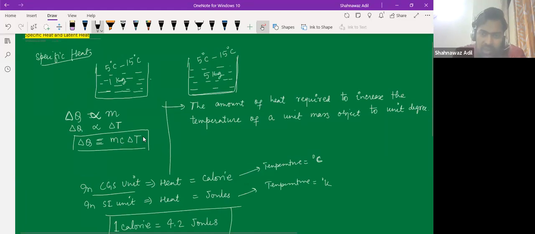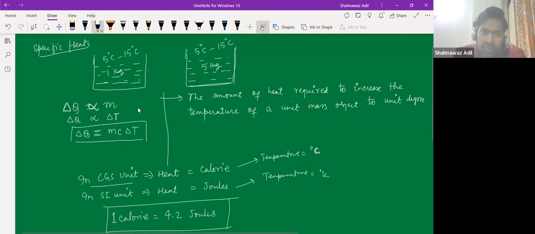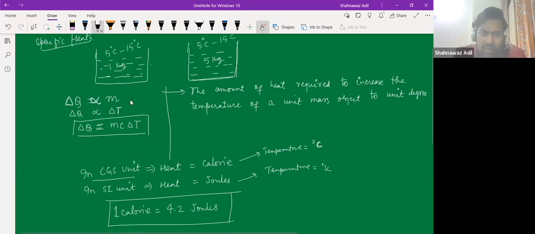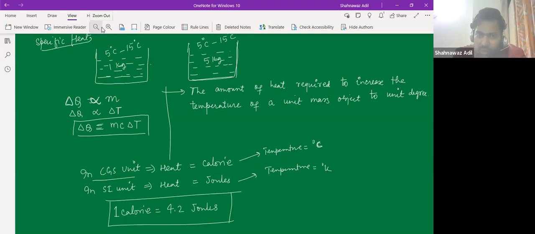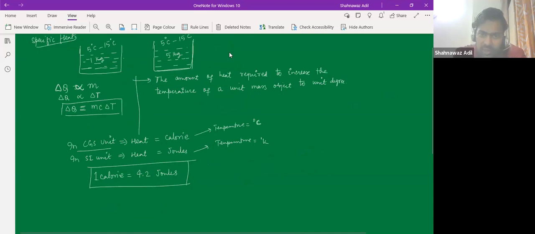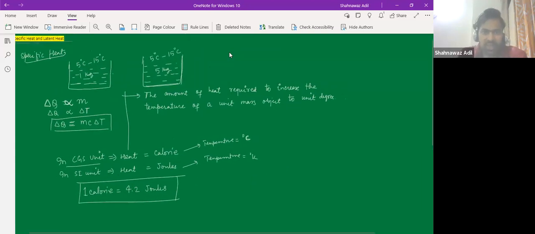You guys please note down this part, and it will take two more classes to complete this chapter, because the remaining things are specific heat, latent heat, and conduction of heat, or transfer of heat. You guys quickly note it down, and then we will stop here, and in the next class we will continue from here.